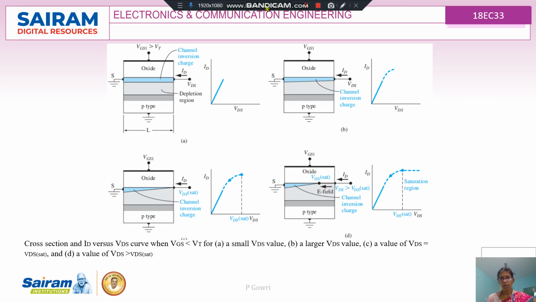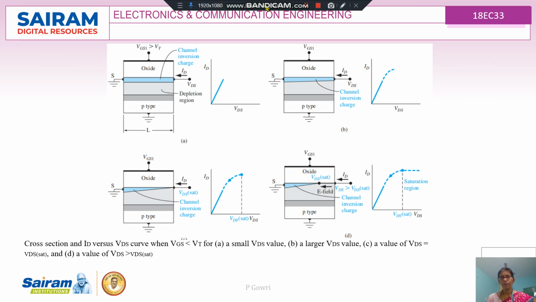When VDS is greater than VDS saturation, the channel is cut off from the drain region, and there is a constant current flowing through the device, so the device is said to be in the saturation region.